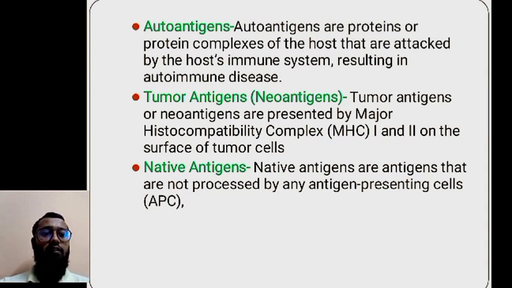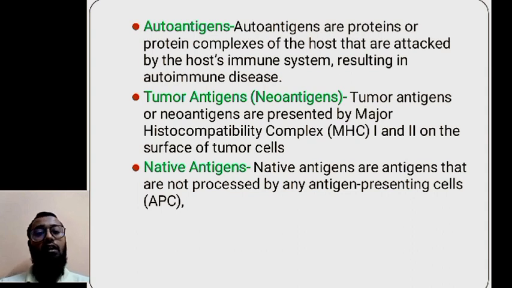Native antigens are antigens that are not processed by any antigen presenting cell, because the cells think that it is native to our body, it is self. However, some B cells of our body can differentiate it and trigger an immune response. So students, that's all for my lecture.